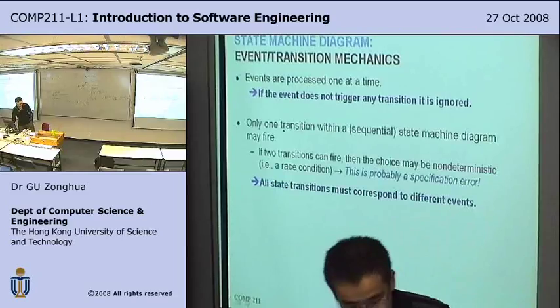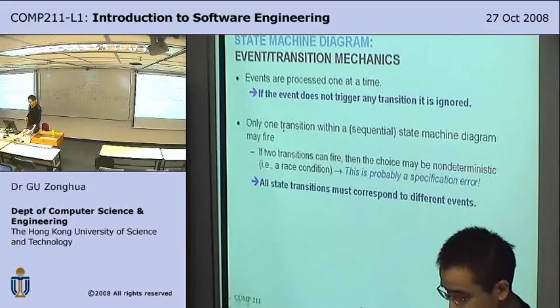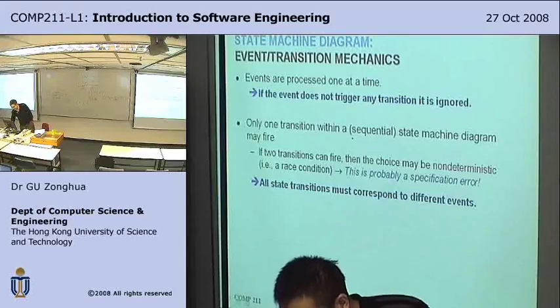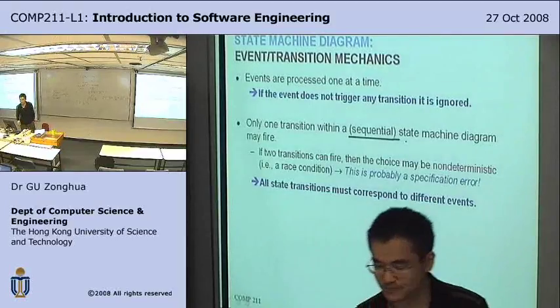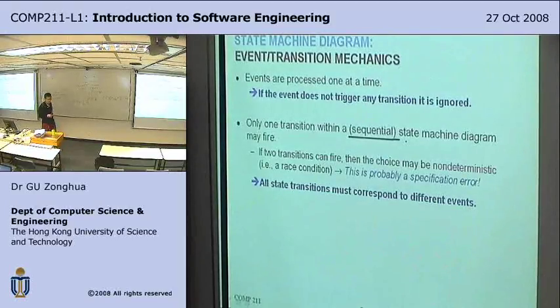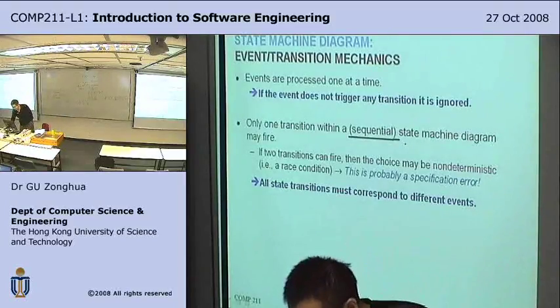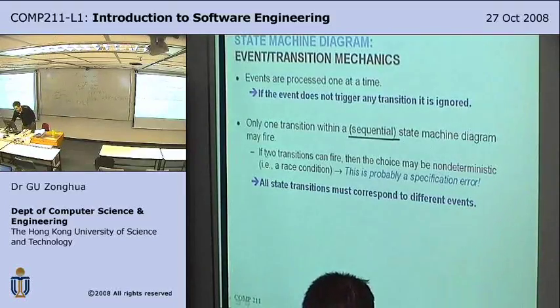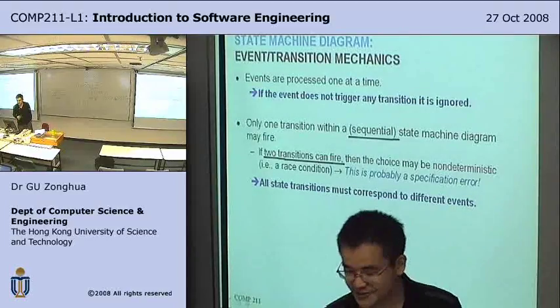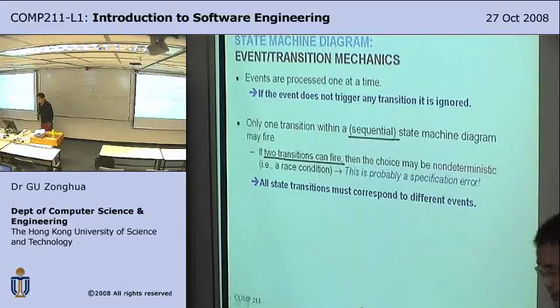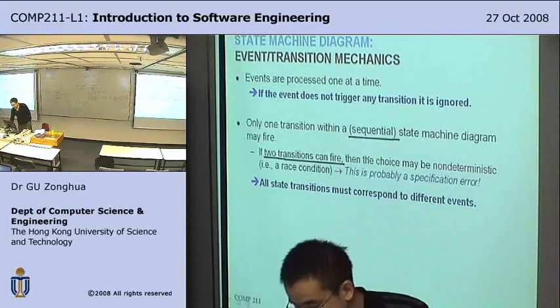Only one transition within the state machine diagram may fire. This is for a sequential state machine. We'll discuss concurrent state machines in the near future. If two transitions can fire, then the choice may be non-deterministic. That is, you have a race condition. This is probably a specification error.